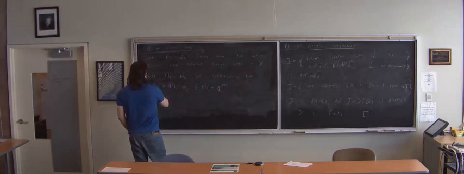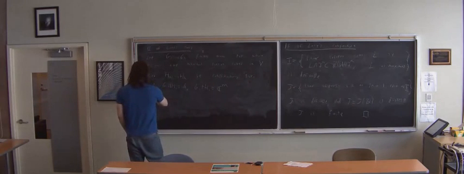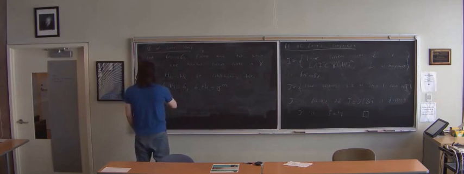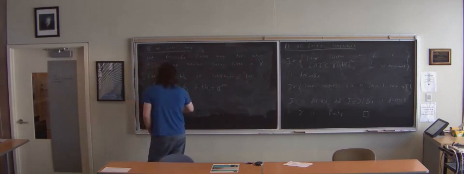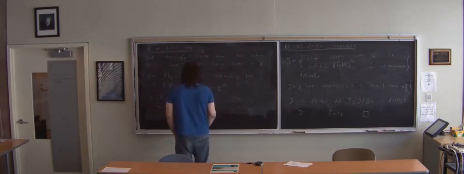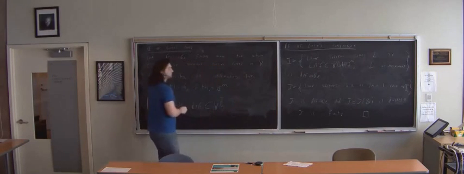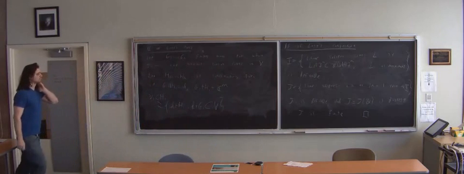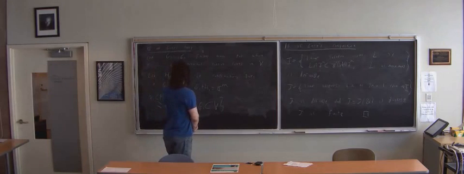So now what you can do is consider Vi in Hi, defined to be the elements little h in Hi such that little h plus Gi is inside V. And so what is this?